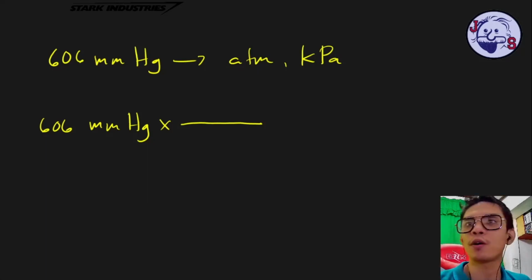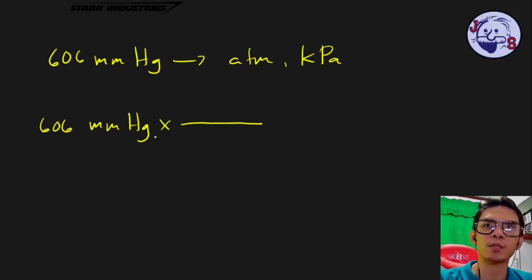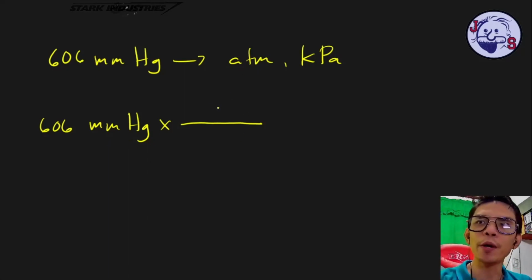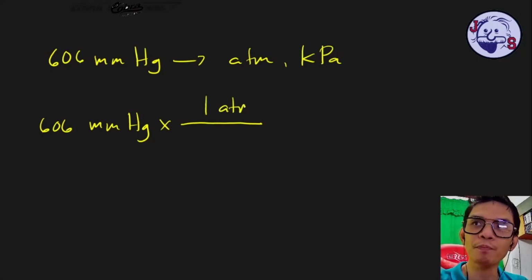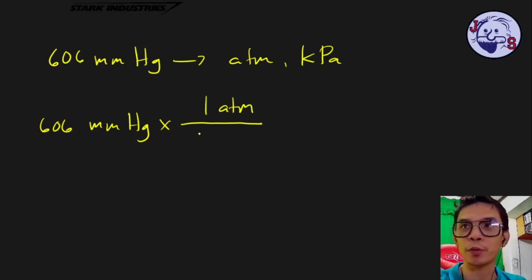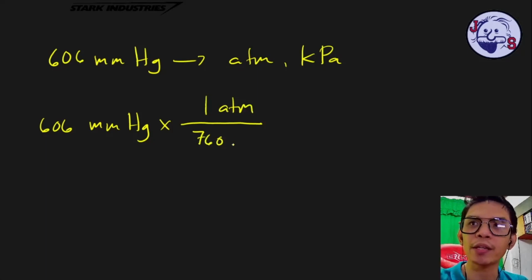So over here is the conversion factor: how many millimeters of mercury are there in 1 atmosphere? In 1 atmosphere, we have 760 millimeters of mercury.